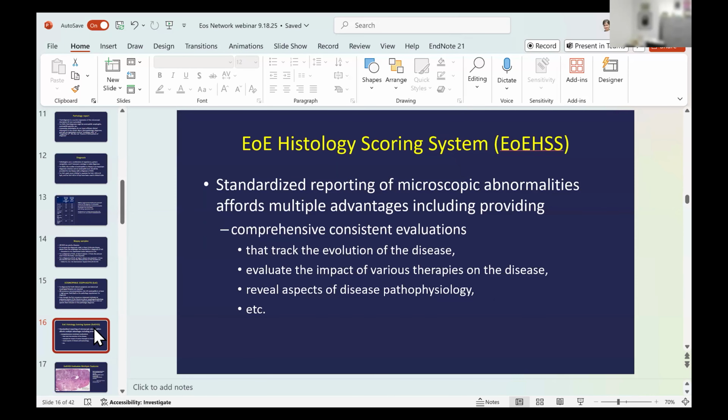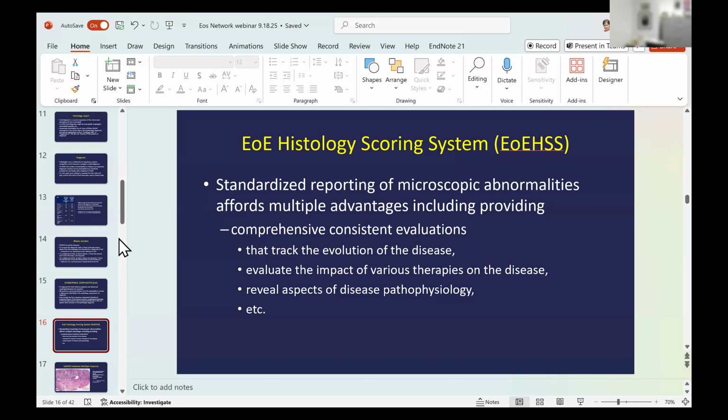And standardized reporting of microscopic abnormalities has a number of advantages. Probably the most important is comprehensive and consistent evaluations that track the evolution of the disease, that evaluate the impact of various therapies on the disease, that can help reveal aspects of disease pathophysiology, and so on.